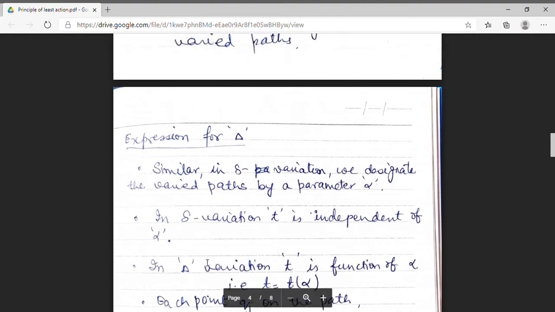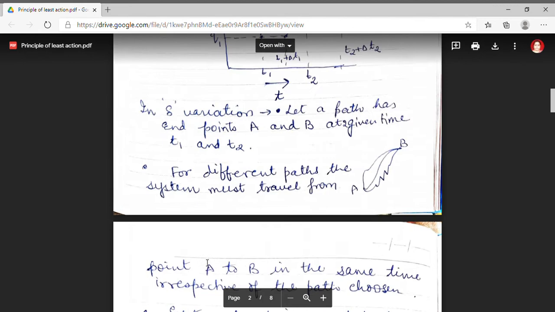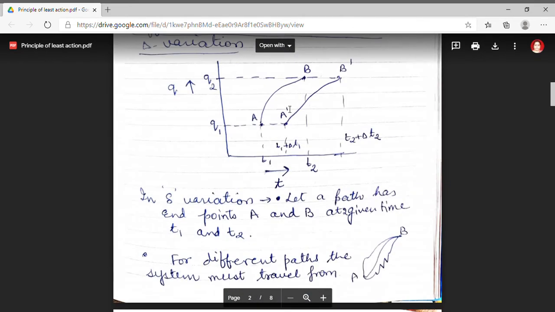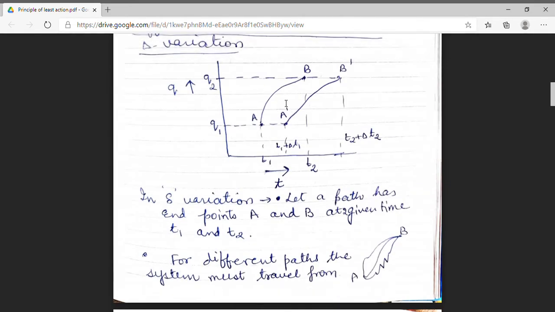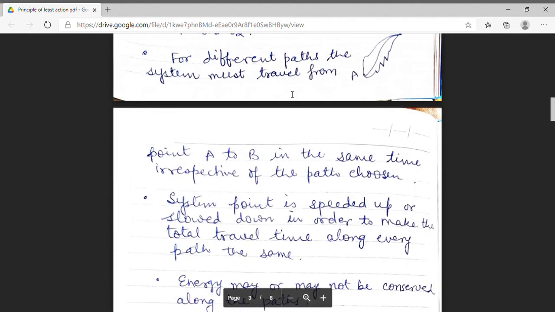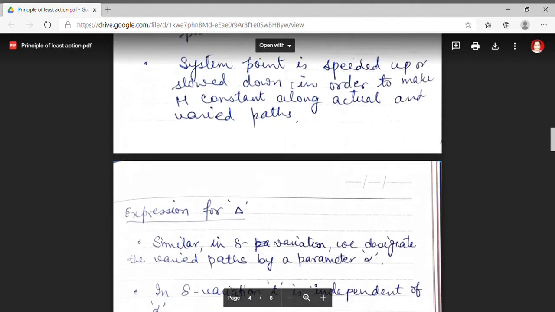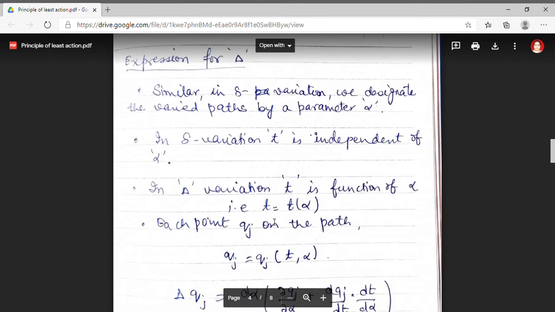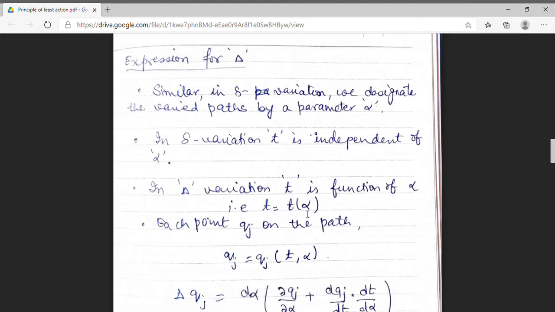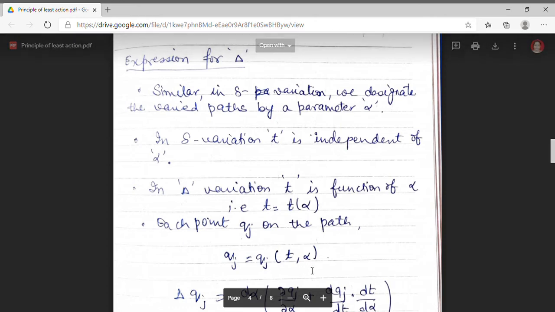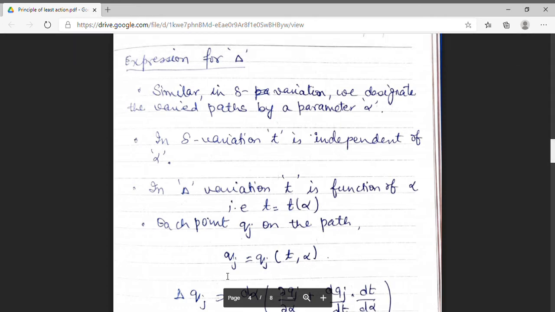Whereas, as I have shown in this graph, t depends on the path. Hence, t will be a function of alpha, which labels different paths. That means t is a function of alpha. Therefore, the path will be a function of t as well as alpha. That means Qj equals Qj, with functional dependence on t and alpha.